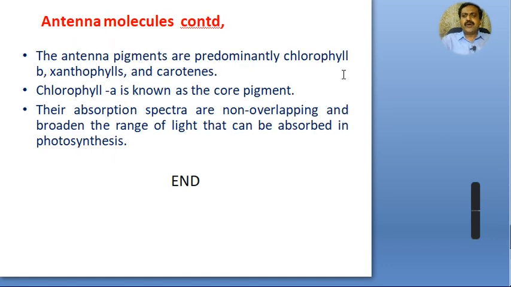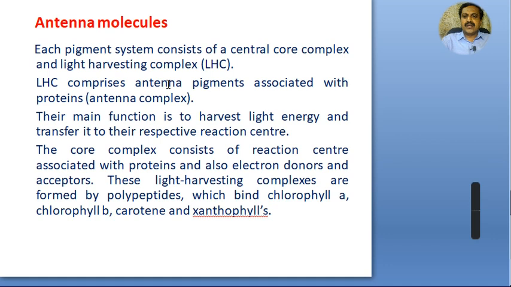These antenna pigments are predominantly chlorophyll b, xanthophyll, and carotenes. Chlorophyll a, known as a core pigment, and their absorption spectra are non-overlapping and broaden the range of light that can be absorbed in photosynthesis. In general, antenna molecules are those pigments present in the photosystems; both PS1 and PS2 contain antenna molecules.